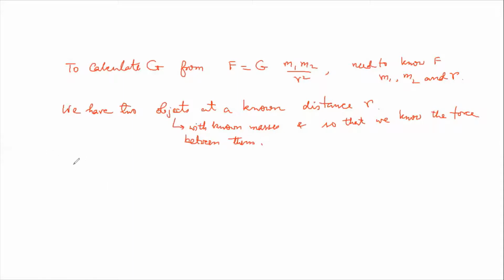So what Newton did, he took m1 as the mass of a stone or a coconut, whatever you can check. m2 he took as the mass of the earth.